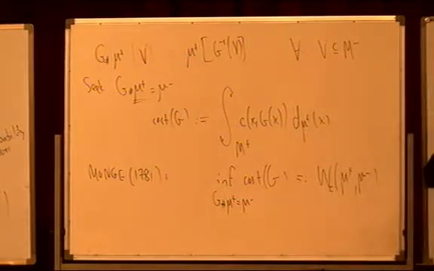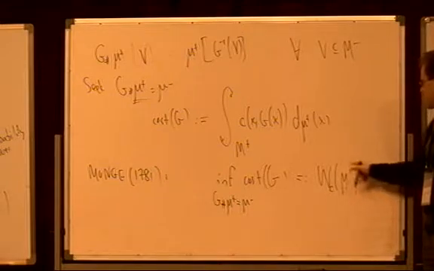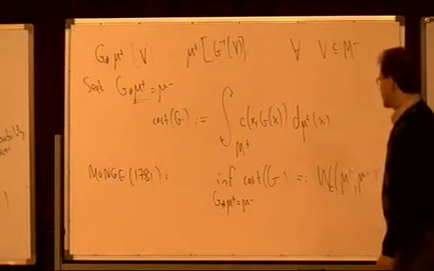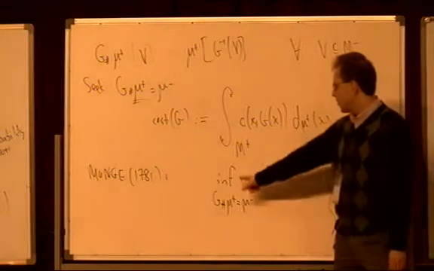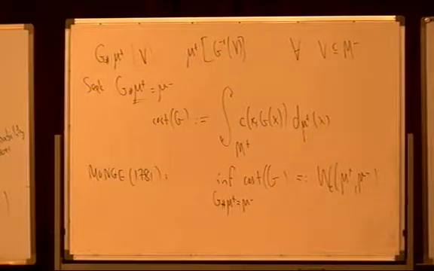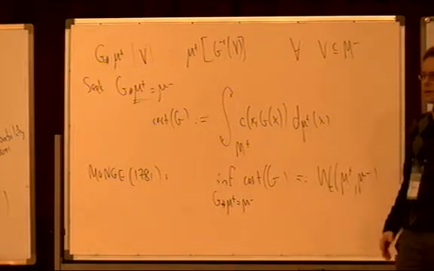And if c is something like a distance, then this number would quantify, in some sense, the discrepancy, the difference between mu plus and mu minus. So that's the problem we want to study. And basic questions are, when is the infimum attained? Under what conditions is it attained? If it's attained, is it uniquely attained?